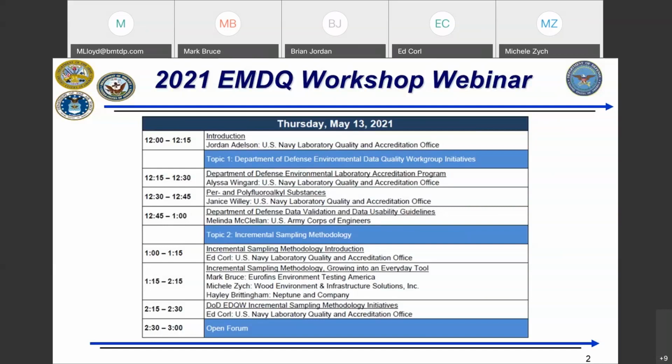Of course, we are only speaking in terms of EDQW and our data quality concerns. As I said in my slides earlier, we do believe incremental sampling is a great tool, but proper data validation has to be performed, and we're not aware of any great validation studies that have been done for PFAS.